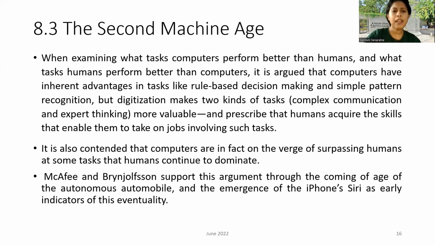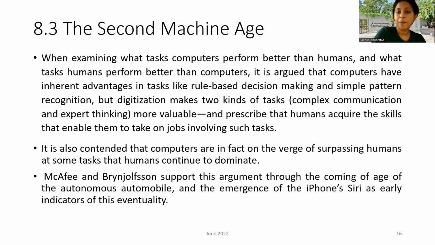So when examining what types of tasks computers can perform better than humans, and for what tasks humans are better suited than computers, that is a question we need to answer if we are to understand how much we are challenged in this era and what that challenge is. So how should we address that challenge?